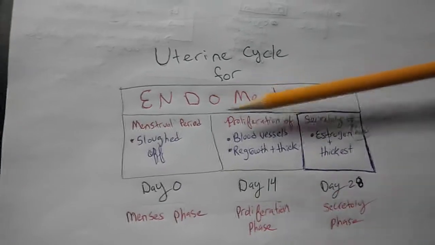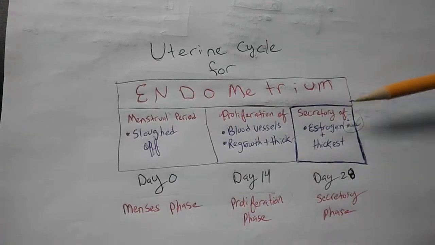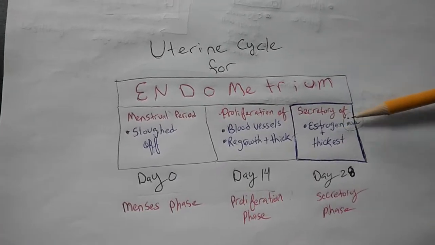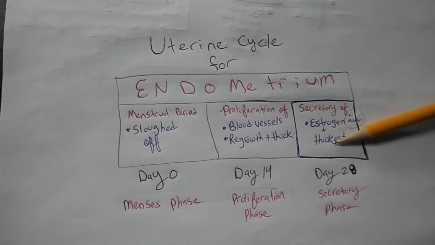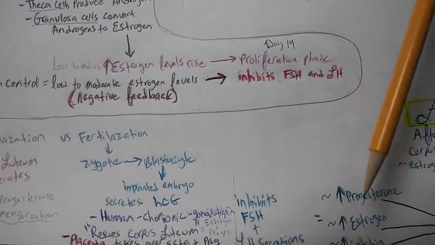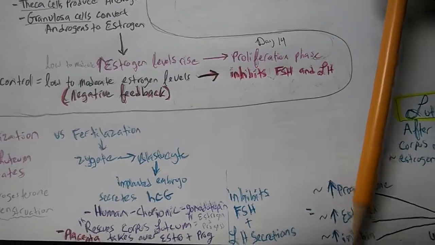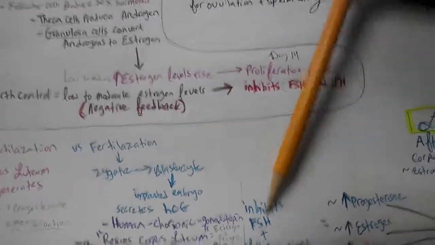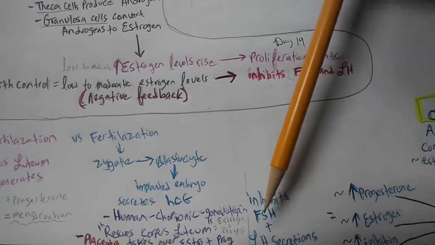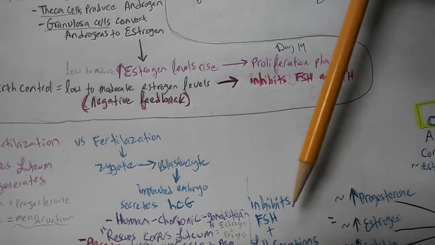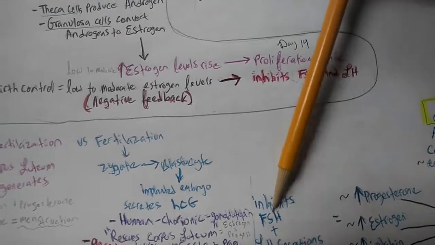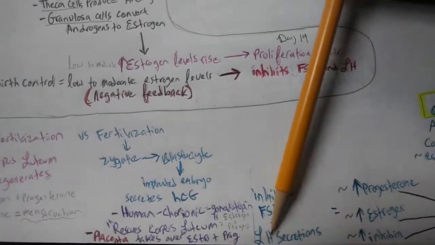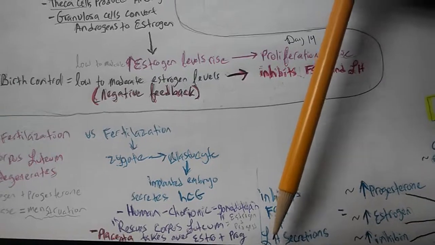pregnancy. So the secretory phase, we go back to the uterine cycle. The endometrium secretory occurs when there's estrogen and others being secreted, and then this is the thickest area. Okay, so now going here, if we have a semi-increase in these hormones, then low to moderate levels, remember low to moderate levels, then we will inhibit the FSH, will inhibit the body via the messengers to not make an egg and to not produce estrogen and to not go through ovulation.